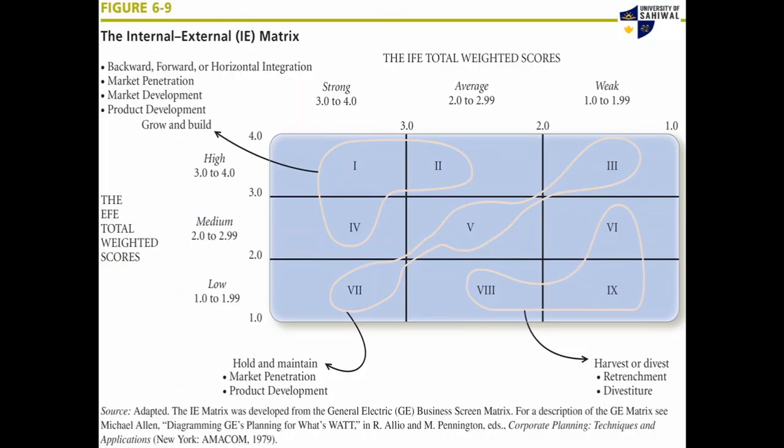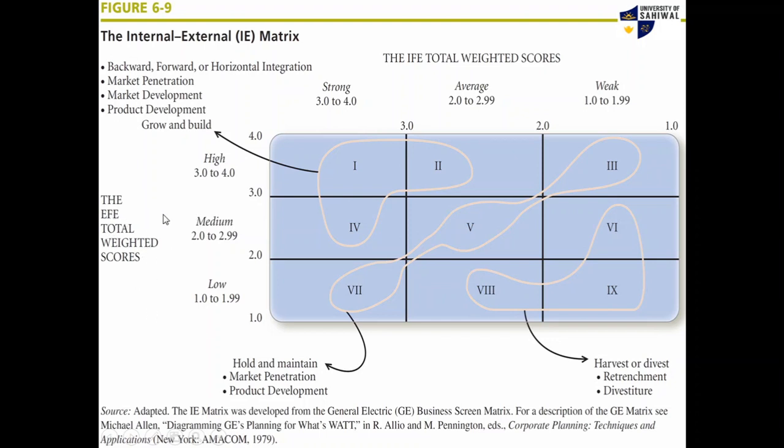And how it would look: basically this is the internal external matrix, and on the x-axis we will take the total weighted score of the internal factor evaluation matrix, and then the external factor evaluation matrix.